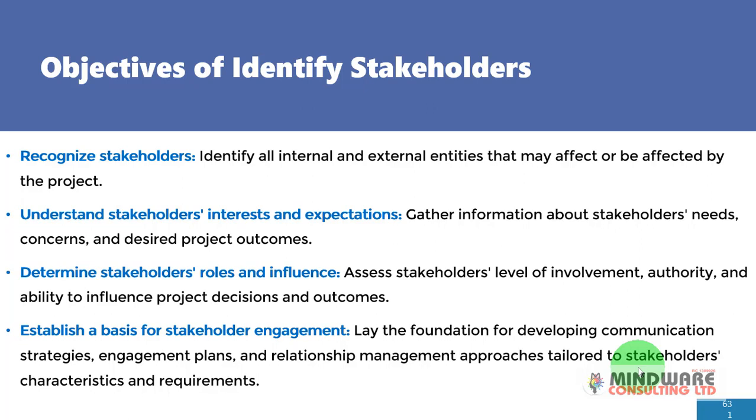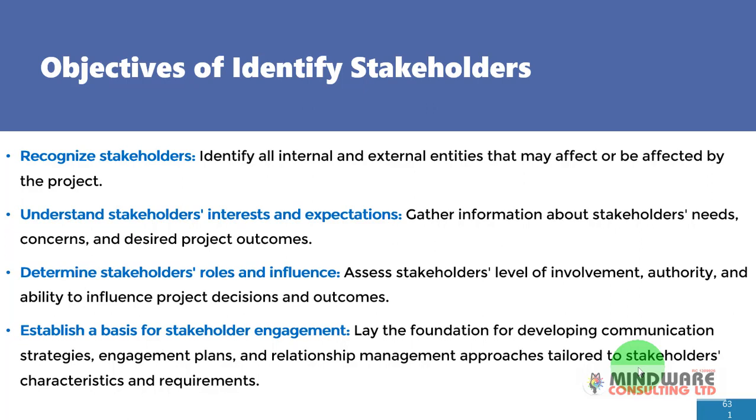You could also categorize them based on firmography, if you're dealing with organizations. You could categorize them based on the number of employees, the industry they are in, and so on and so forth. So you have to understand the characteristics of these various stakeholders, and then their requirements.